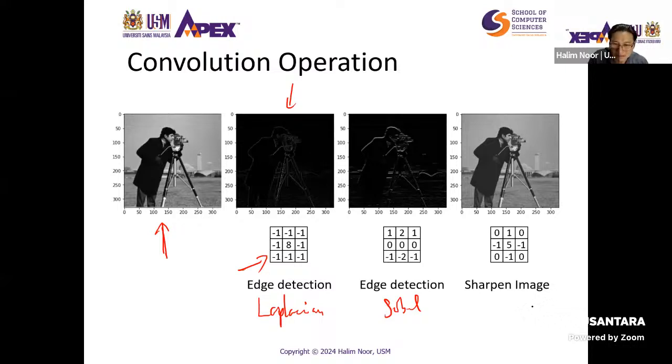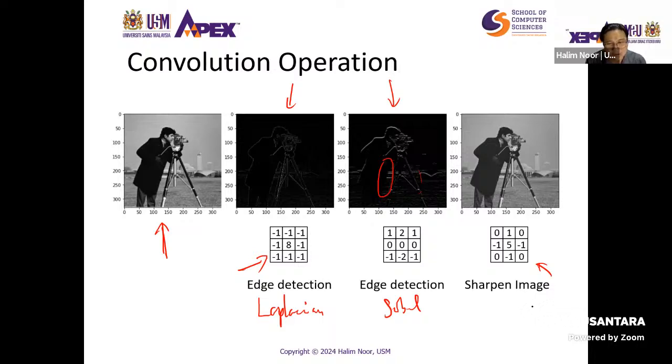The second one is also an edge detection filter, able to pick up the edges, although as you can see, the filter misses some of the edges here, and also the tripod. But still, the filter is able to pick up those edges. And the last one is a sharpening filter, to sharpen the data. So this is convolution.